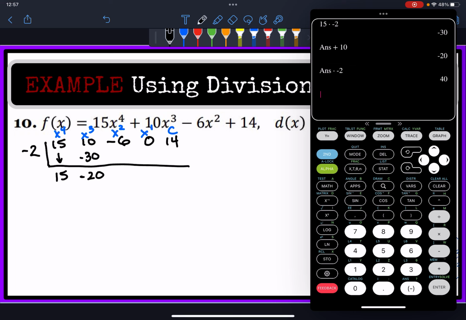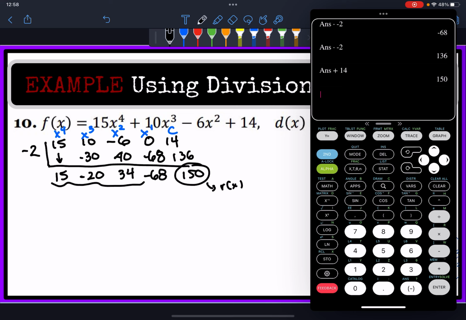Multiply that with negative 2, that's 40, plus negative 6, that's 34, times negative 2, that's negative 68, plus 0, that's negative 68, and times negative 2, that's equal to 136, plus the 14, that's equal to 150. And that right here is my remainder. And this is my quotient.